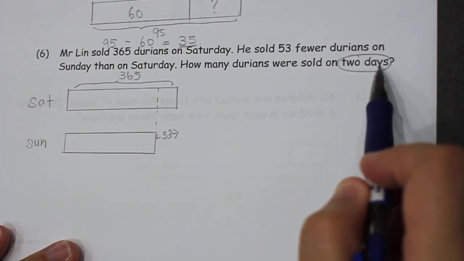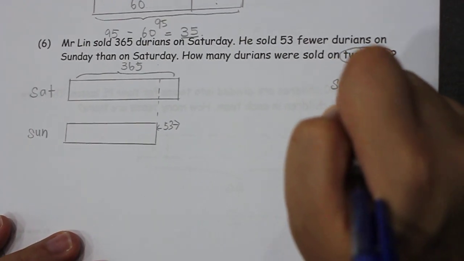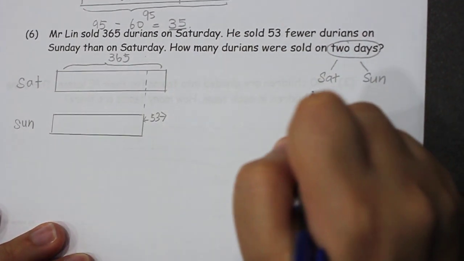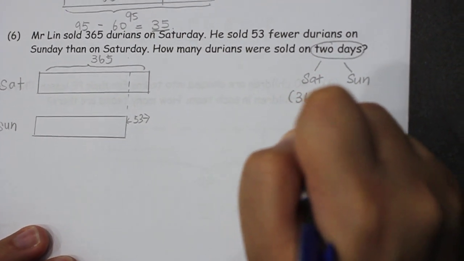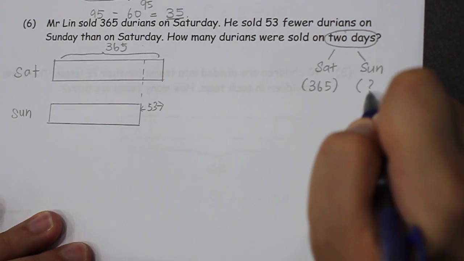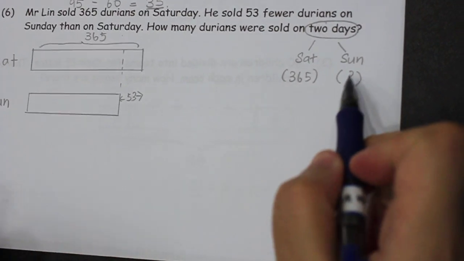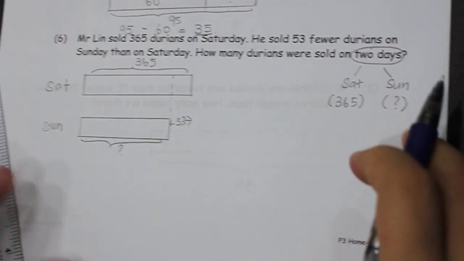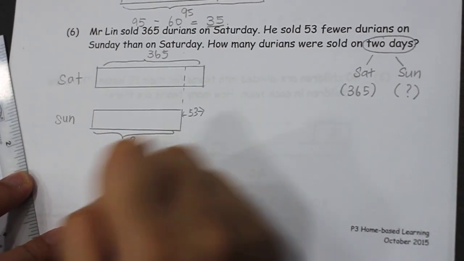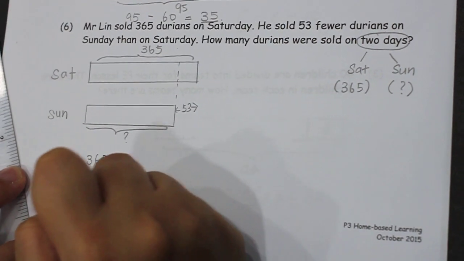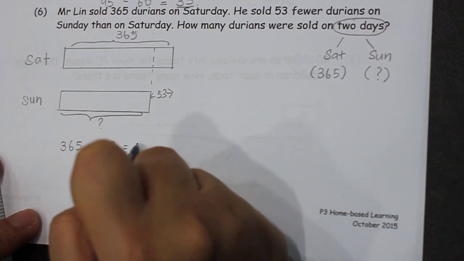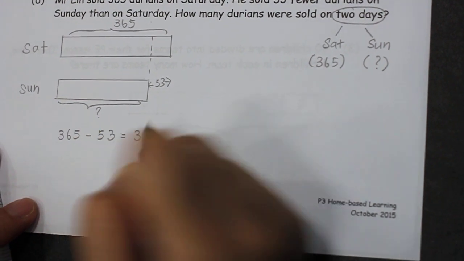How many durians were sold on 2 days? To find 2 days, which is Saturday and Sunday, we know that on Saturday he sold 365, but we do not know how many durians he sold on Sunday. So we need to find Sunday. So what are we going to do? 365 minus 53 is equal to 312.